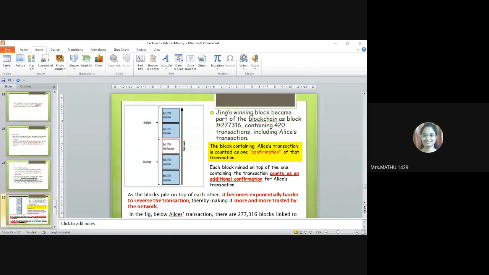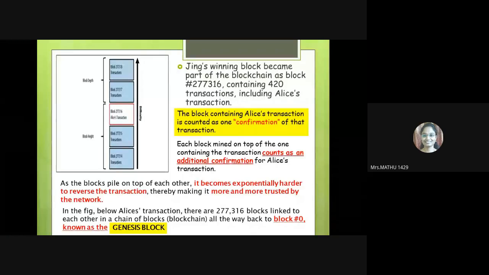Previously, as you could see, we have several other blocks already piled up here. The block number starts from block 0, and from block 0 it has kept on piling up in the same blockchain network. Now this particular Alice transaction is present in this block.